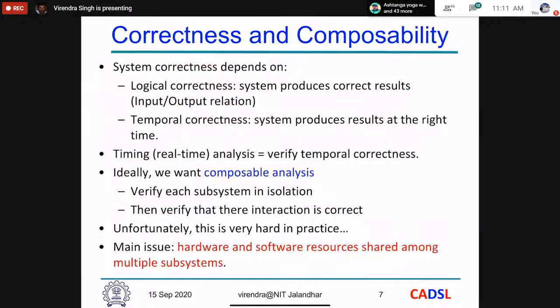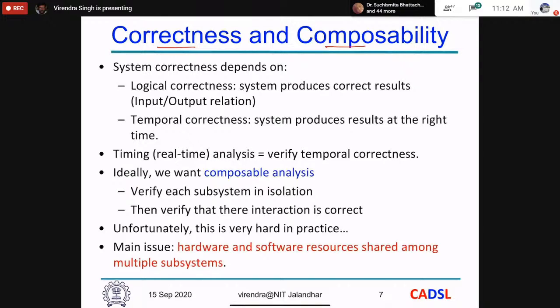So the two things that are very important, and that some of them we discussed in the last lecture as well, are correctness of the system and composability. Composability is to handle the complexity of the large system, and correctness means it has to work correctly, otherwise there can be a catastrophe. So that is something very important.